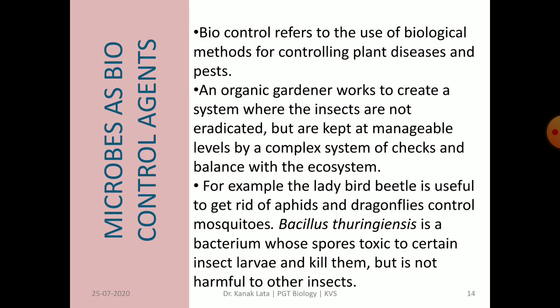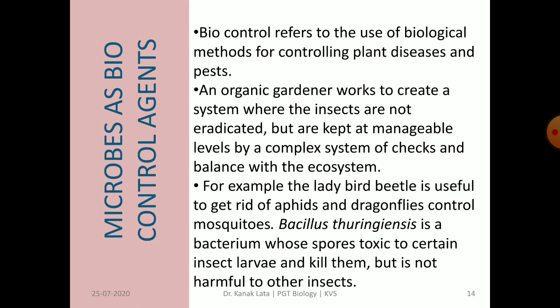Now we will discuss microbes as biocontrol agents. There are some microbes which are used to control plant diseases and pests. An organic gardener works to create a system where insects are not eradicated but are kept at manageable levels by a complex system of checks and balances with the ecosystem.